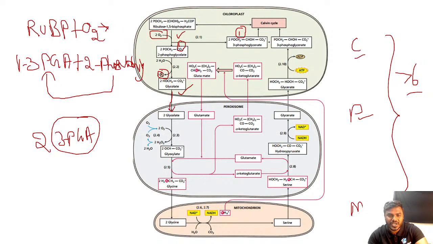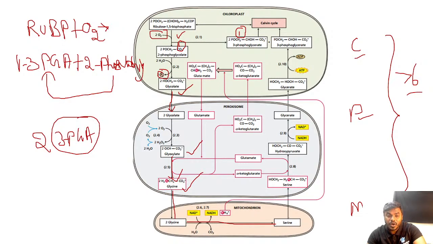This is also an asked question. Now in the peroxisome, glycolate is converted into glyoxylate. Glyoxylate in the peroxisome is converted into glycine. Now the glycine from the peroxisome enters into the mitochondria. Now the glycine is converted into serine. Glycine is an amino acid, serine is an amino acid.